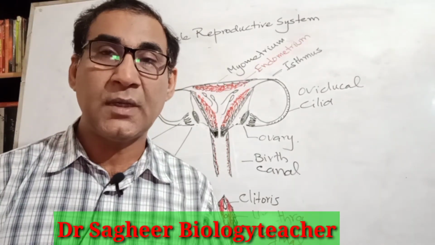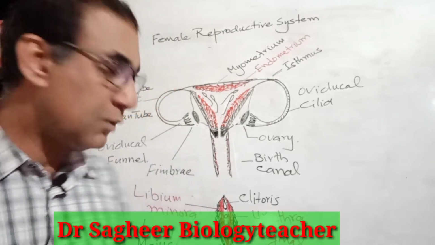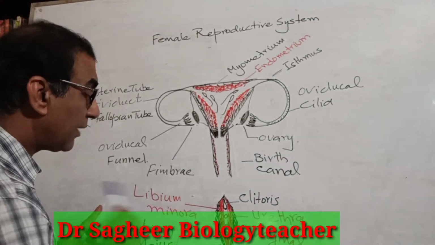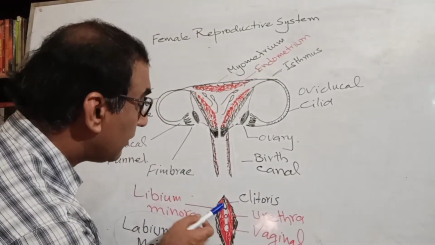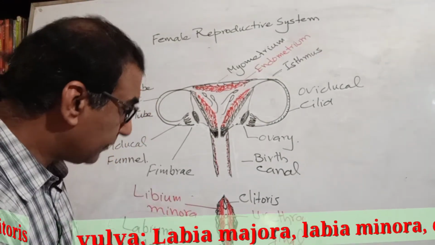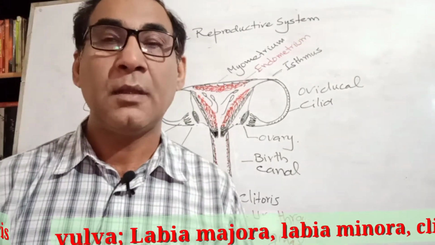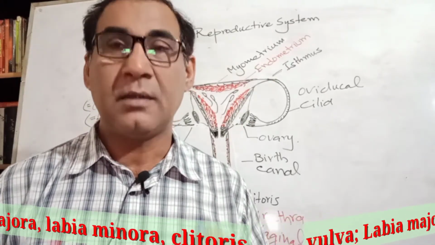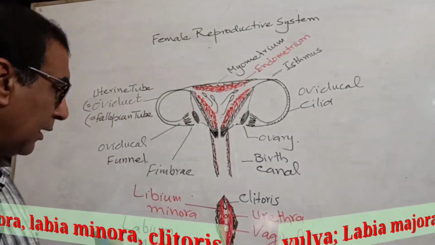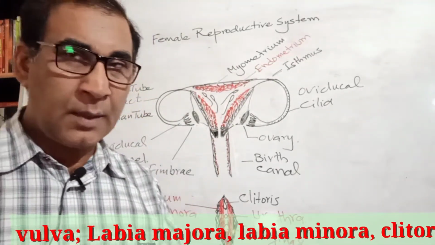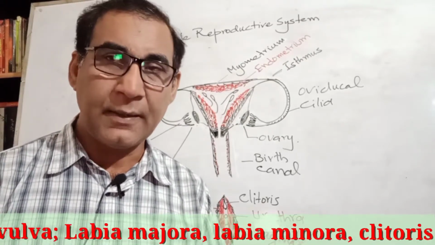On the inner side of the major lip is present the minor lip, that is known as labium minus. That I have shown here. This is the labium minor. The plural is labia minora.